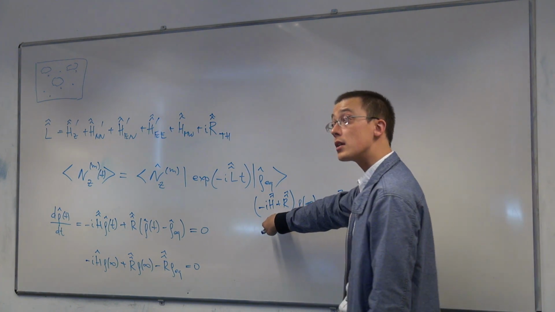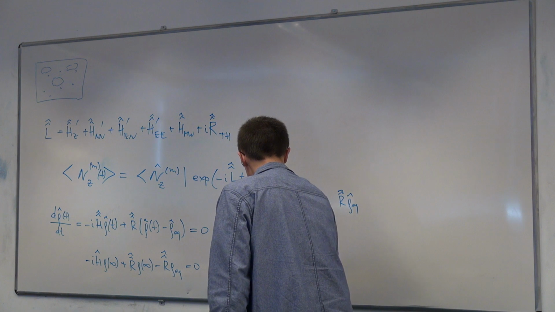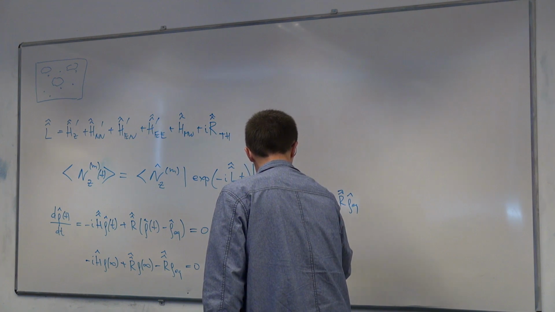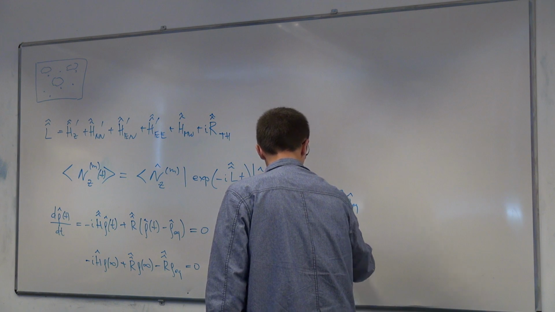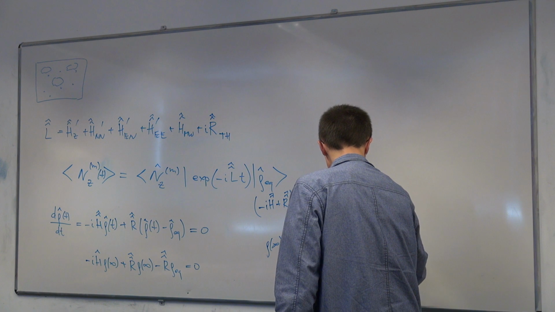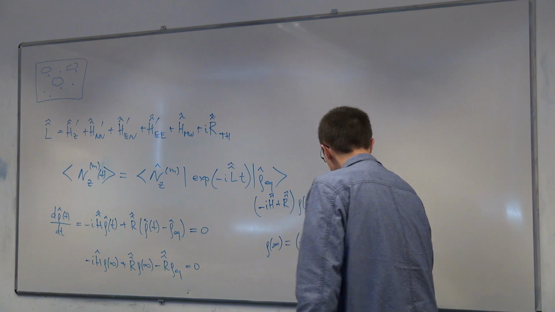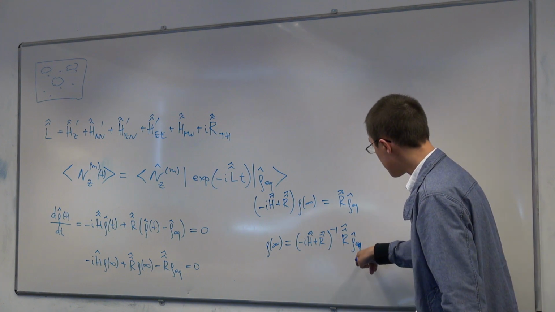We just need to take the inverse of this and apply it here. So rho infinity is minus i H plus R, inverse, R rho equilibrium.